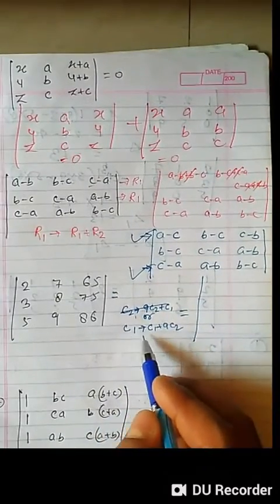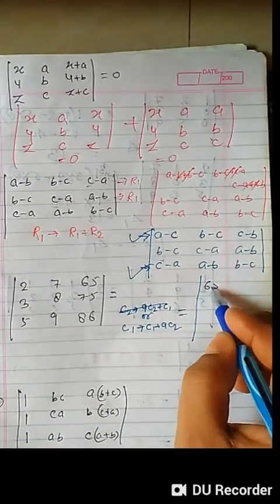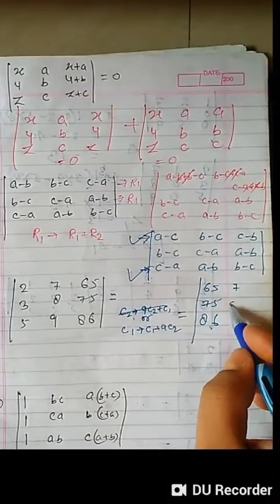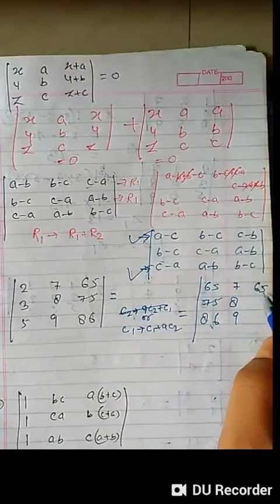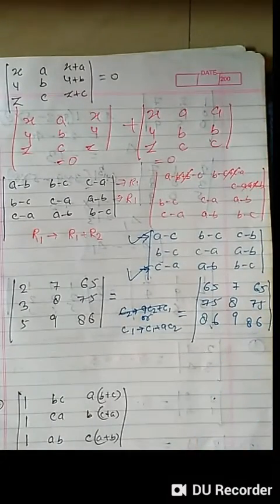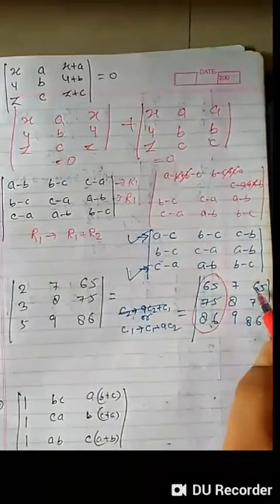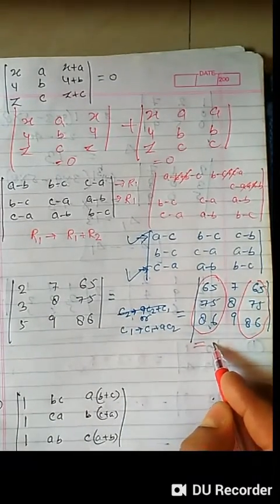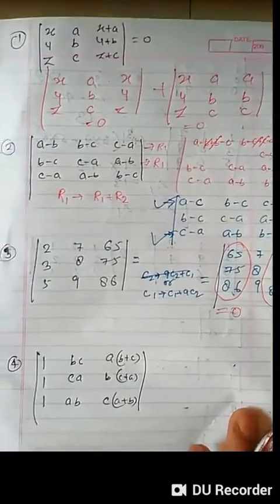In place of C1, what can you write? Simply 65, 75, 86. The second column will remain the same, and the third column will be identical to the first column. See, this column is identical with this, so the value of this determinant will become 0.